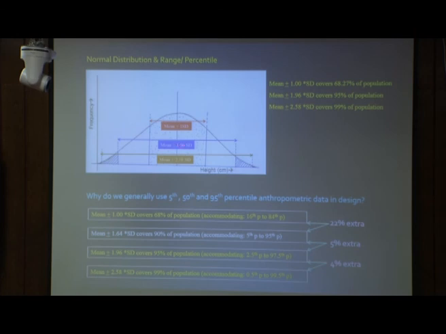Mean value 1.96 SD, positive side, negative side, within this range it covers 95% of the population. Mean plus 2.58 SD, then it actually covers 99% of the population.